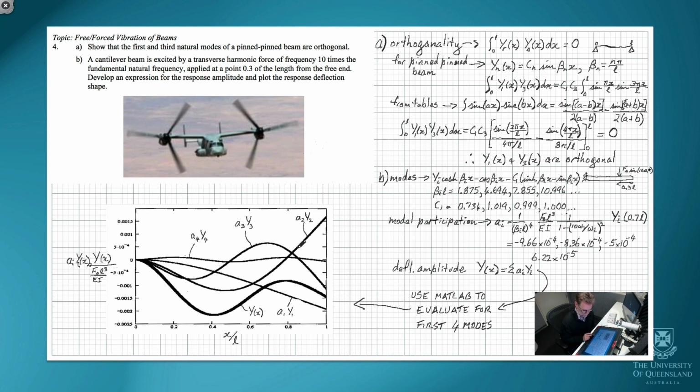And that's the power of modal analysis. We've basically simplified an infinite degree of freedom system down to a small number of degrees of freedom.